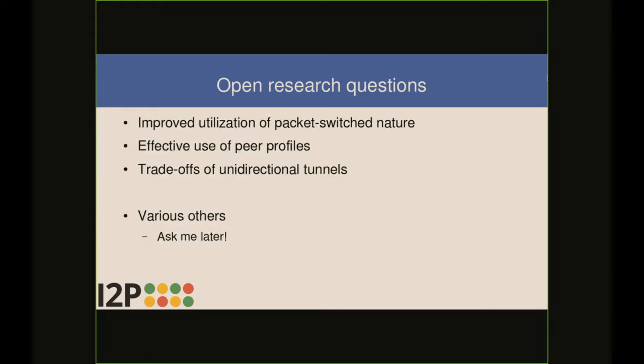In particular, I'd like to touch on three things that I feel are reasonably understudied or not really answered at all in the literature: A, utilizing the fact of I2P's packet switched nature for more fun routing; the use of peer profiles, which I'll get to in a moment; and the trade-offs of unidirectional tunnels. If you're interested in anything else, I have a literal laundry list of research to-do items, so feel free to ask me about anything later.